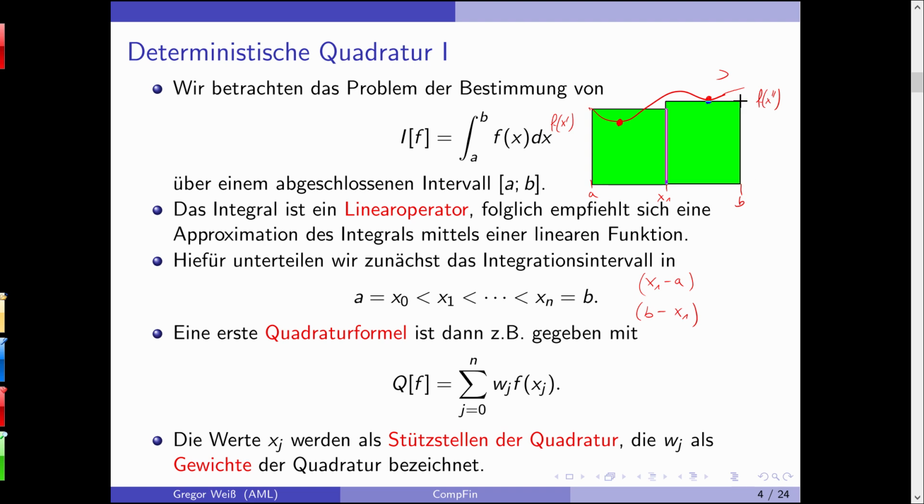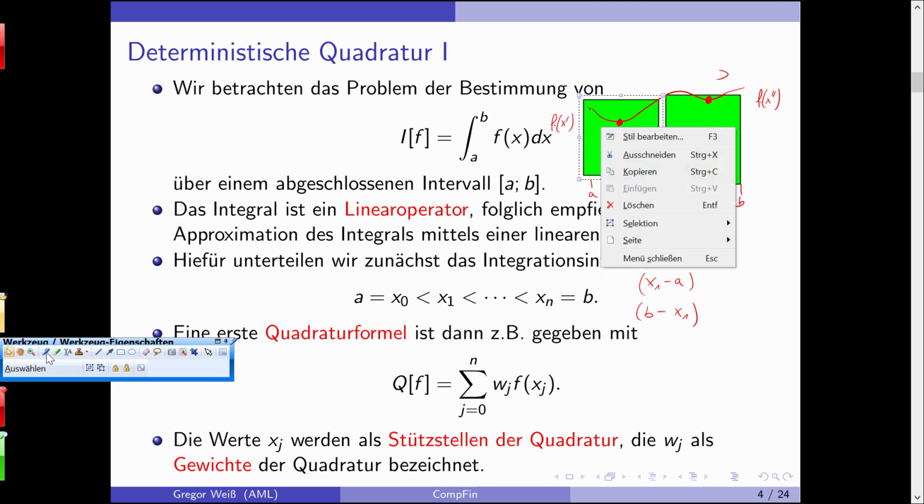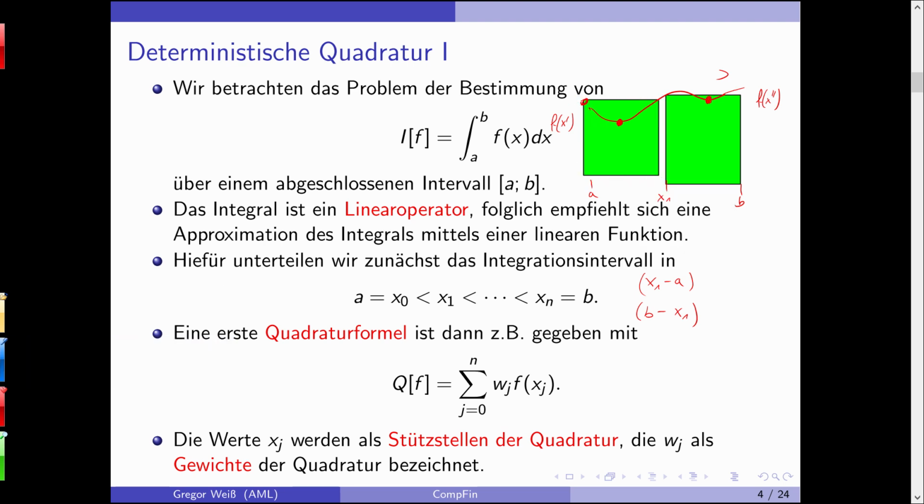Here we have f of a and f of x1. So f of a times f of x1. And then you can see that this here is w0, this here is w1, and we have exactly this quadrature formula down below.